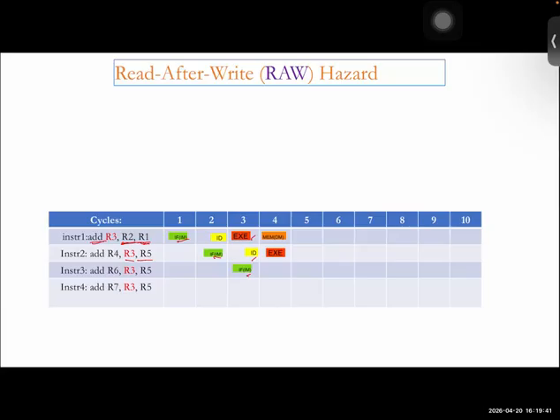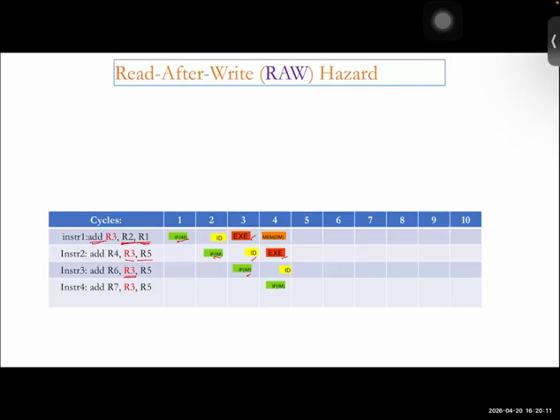So instruction 2 moves into the execution stage at the fourth cycle, and instruction 3 moves into the instruction decode stage. Instruction 3 is also trying to read the value from the R3 register. At cycle 4, the next instruction is allowed inside the pipe in the instruction fetching stage.